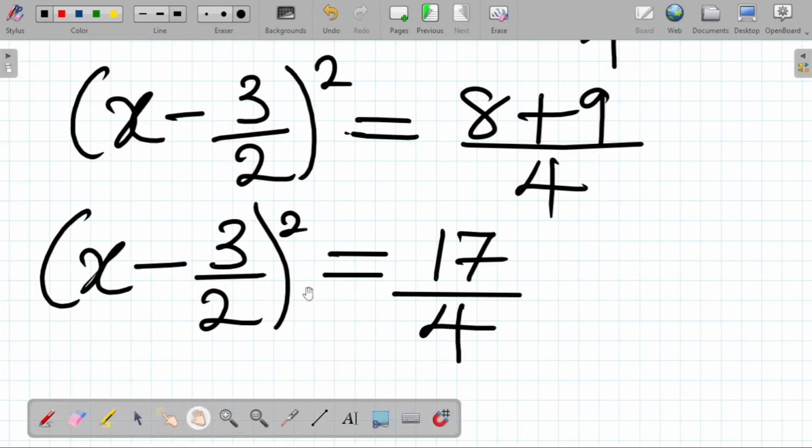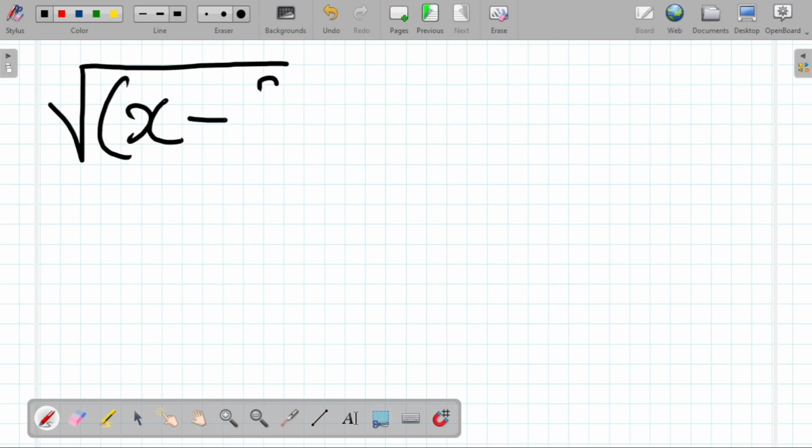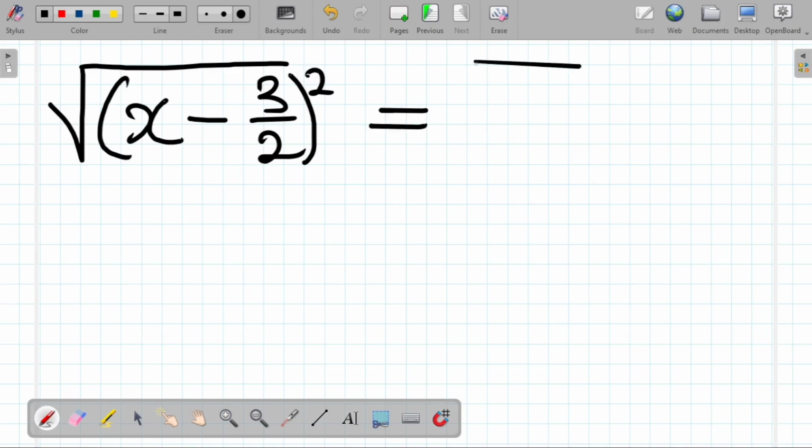Our next task here is to eliminate the square by taking square root of both sides. So here we have square root of x minus 3 all over 2 all squared is equal to square root of 17 all over 4.